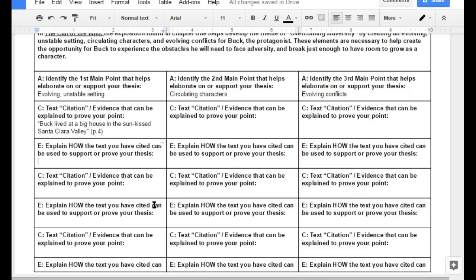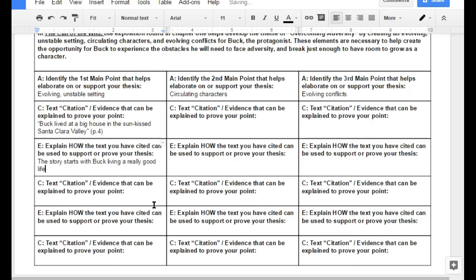So that can be used to support or prove my thesis that the story starts with Buck living a really good life. That's a statement. I can't leave it at that.